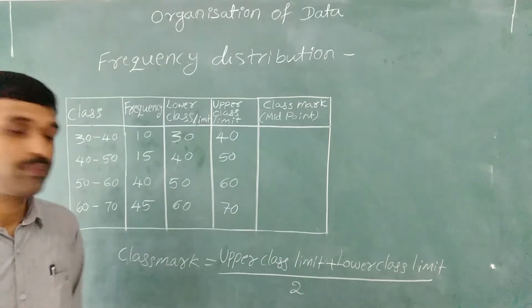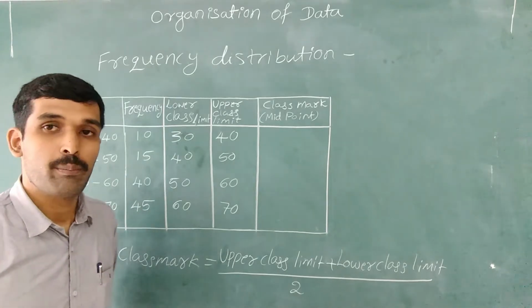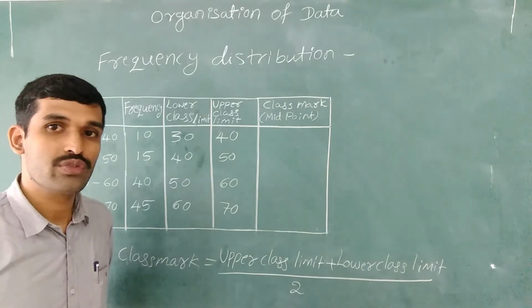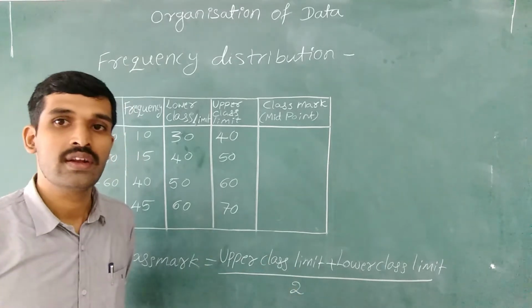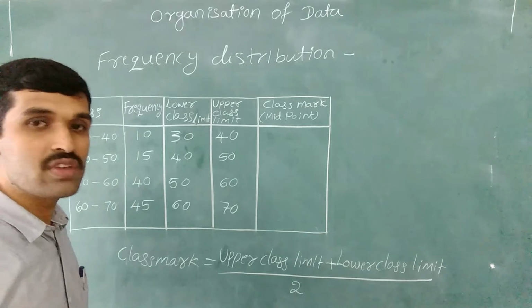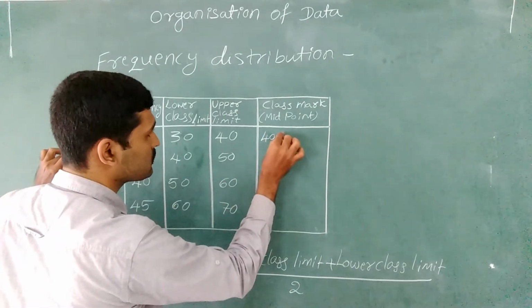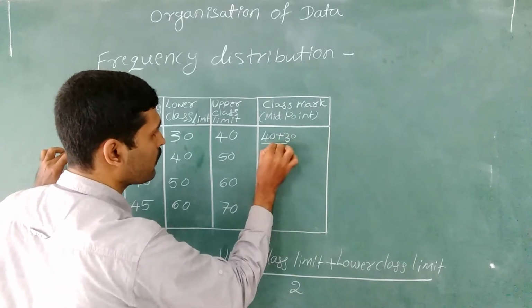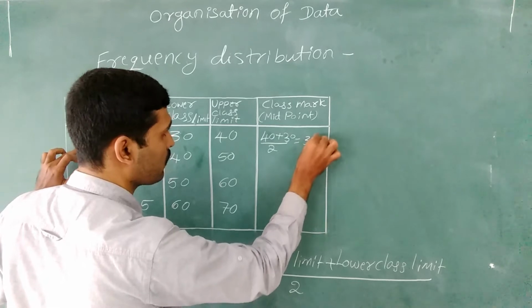While finding class mark or class midpoint, using the formula upper class limit plus lower class limit divided by 2. By using that formula here, 40 plus 30 divided by 2 is equal to 35.